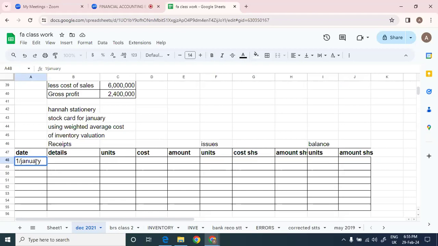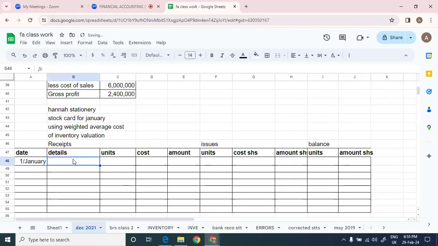So we are saying on 1st of January, we are purchasing how much? 50 units, boxes, at a cost of 80,000.